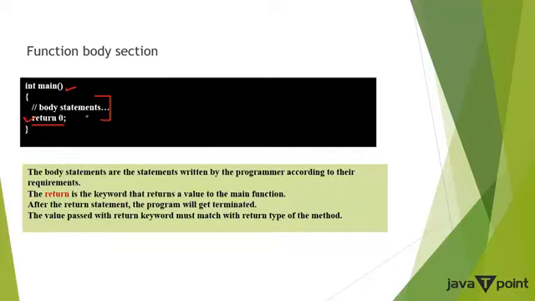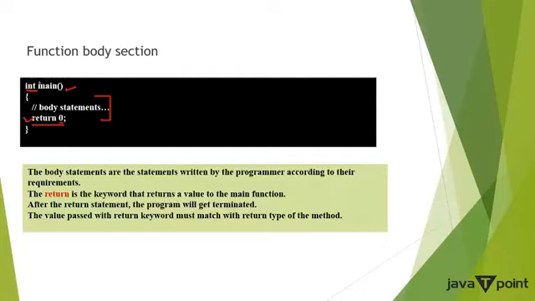So basically, what is the significance of the return statement? Here, the return statement is basically used to terminate the execution. It either returns the control to the operating system or to the calling function, and the value which we are passing with the return statement should match with the return type of the function.